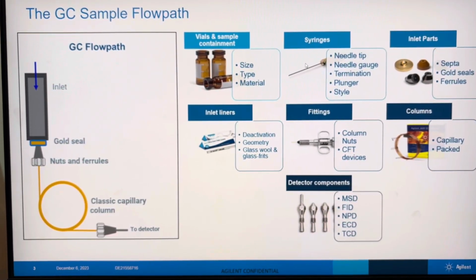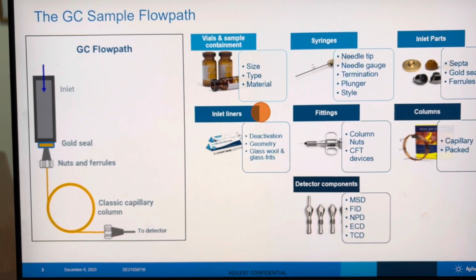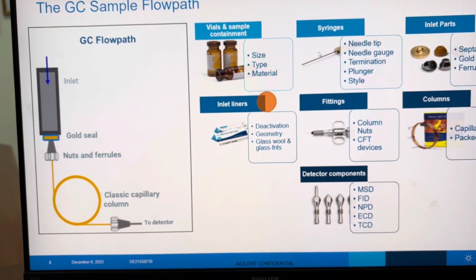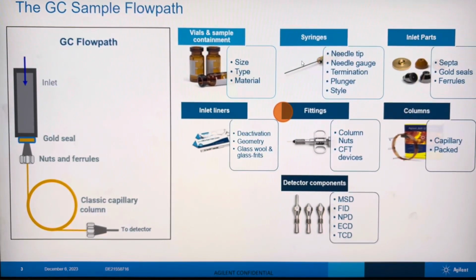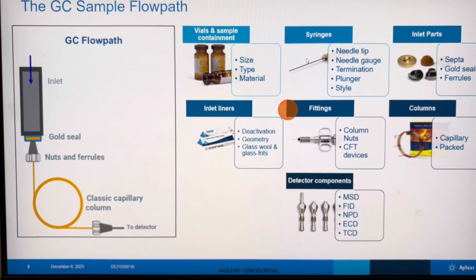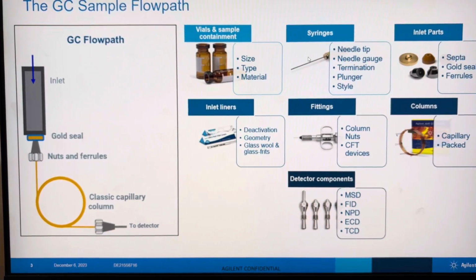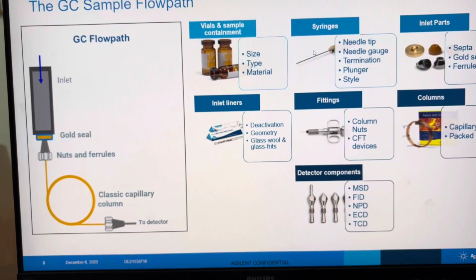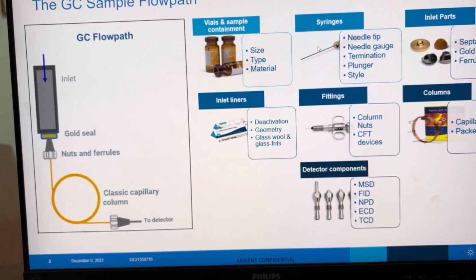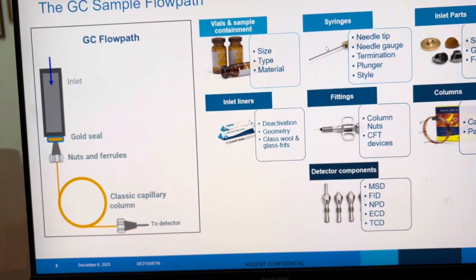Then fittings: what connections are we making in the system, how are we connecting a column to the inlet and to the detector, and how can we make it easy? That makes a big difference, avoiding a lot of challenges. And of course the columns, and finally detector components.